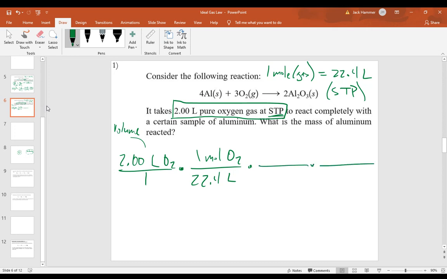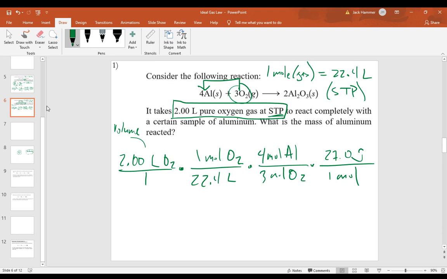Then the next 2 steps are exactly like the ones on the previous slide. We're going from oxygen over to the aluminum, so that's 4 moles of aluminum over 3 moles of oxygen. And then you do this. Let's see, what do we get?